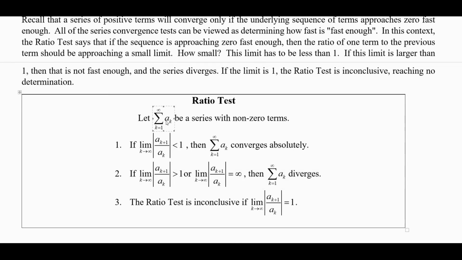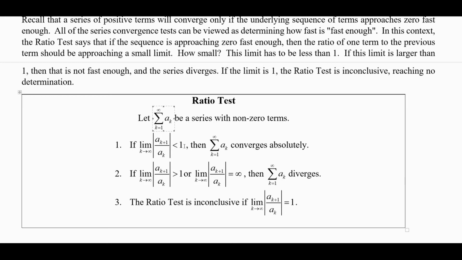So here's the ratio test. We let the sum from k equals 1 to infinity of a sub k be a series with non-zero terms. So if there are any zero terms, we'll just sort of yank them out. And then we can do the ratio of successive terms. So we take a sub k plus 1 over a sub k, take the absolute value, then take the limit as k goes to infinity. You can see why we want the terms to be non-zero, because we don't want to be dividing by 0 here.